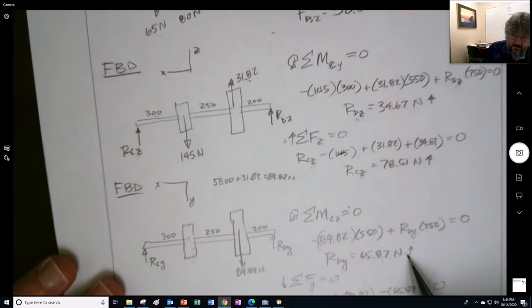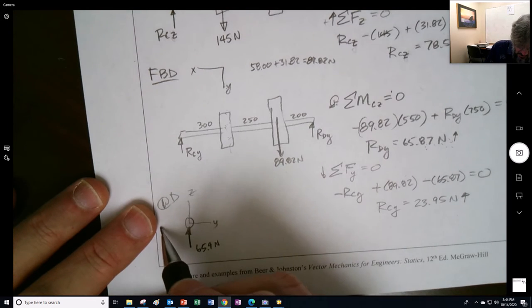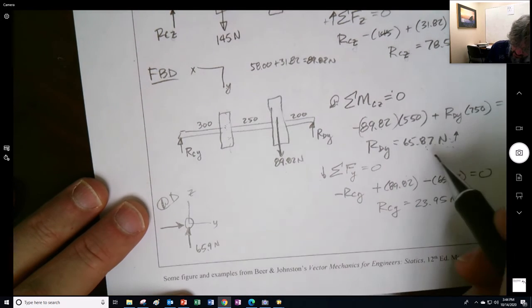Because this is going here, right here. So that would be coming this way right here. So that would be the way that it would look.